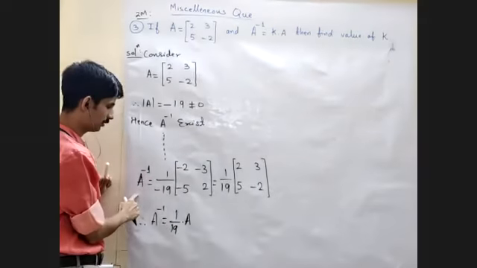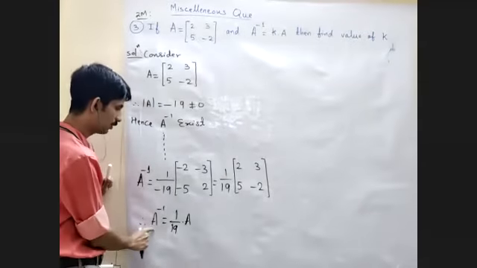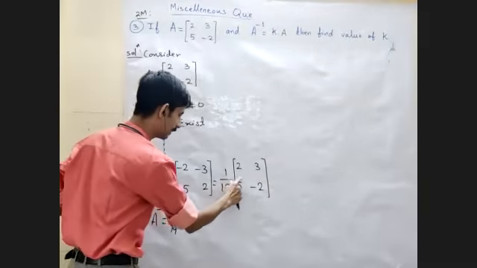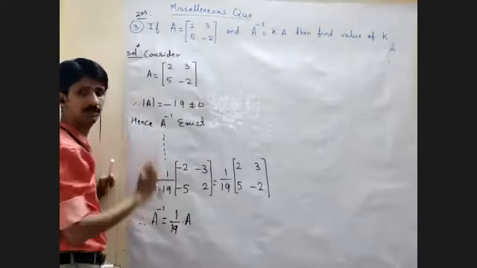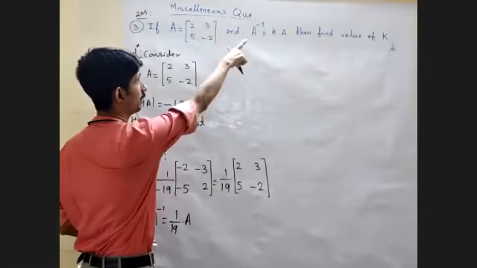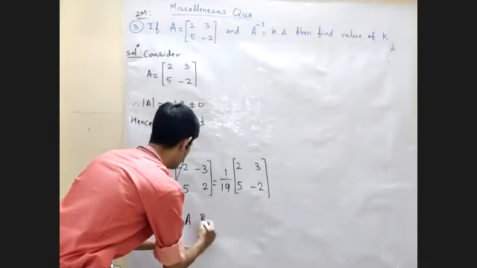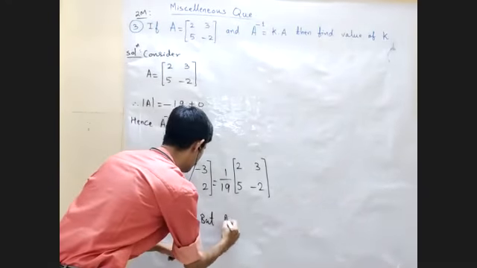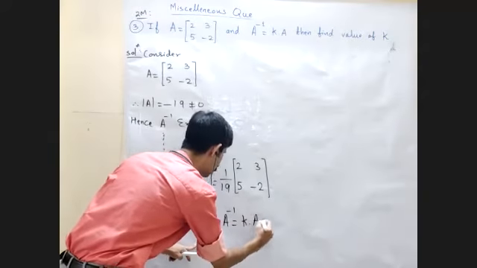A inverse, ये मिल चुका है हमें A inverse. So A inverse is equal to 1/19 times of matrix A. देखो यही हमारा matrix A दिया है उसने. तो A inverse is 1/19 times of A, और उसने दिया है कि A inverse is equal to K into A.